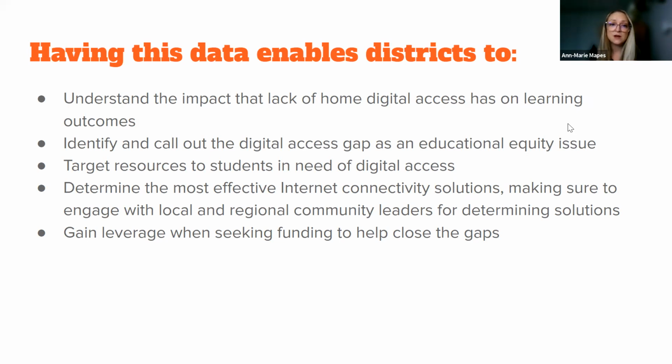We can then target resources to students who are actually in need of that digital access, and better understand, like with the Emergency Connectivity Fund, how we need to target that to students around their digital access needs. We can also determine the most effective internet connectivity solutions, making sure to engage with local and regional community leaders for determining solutions.